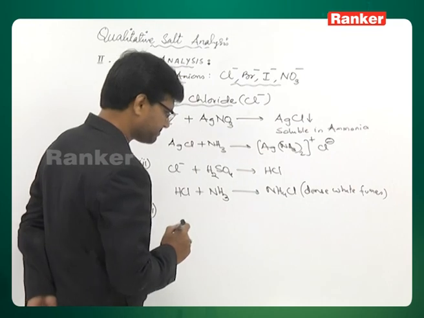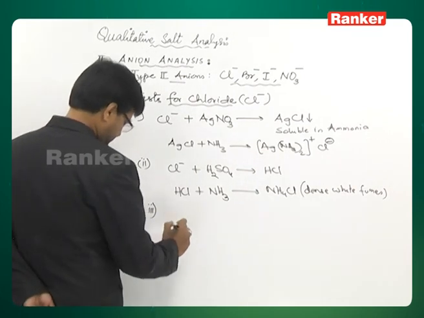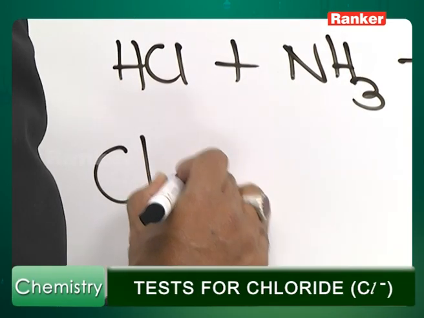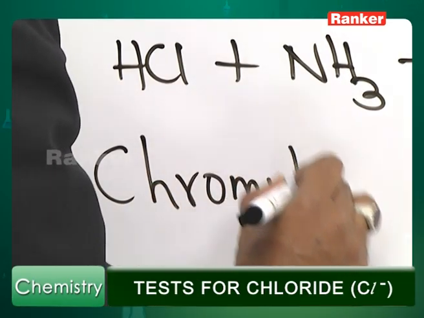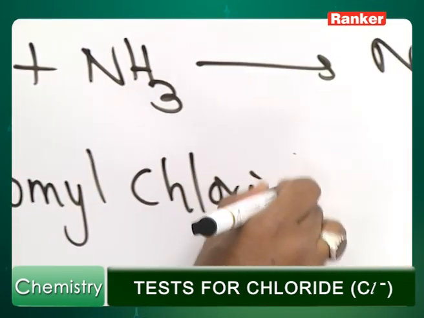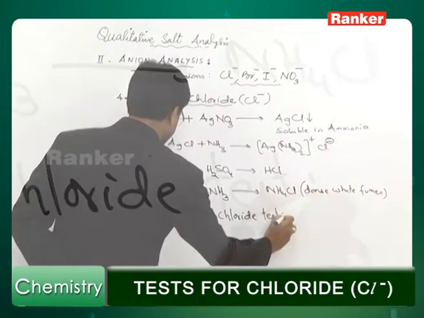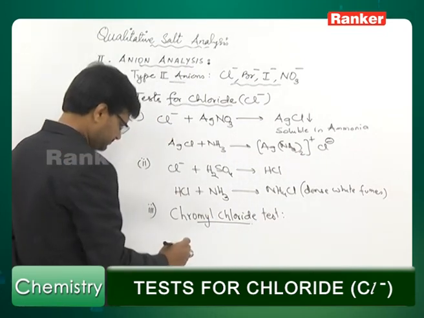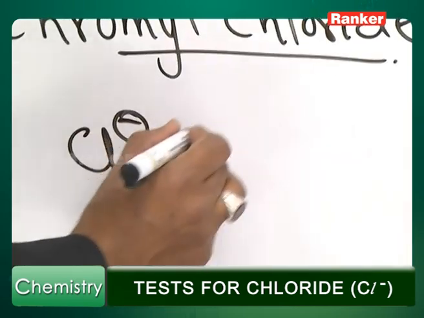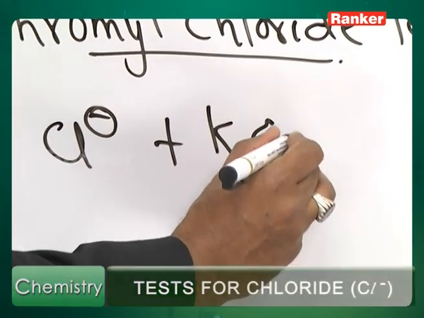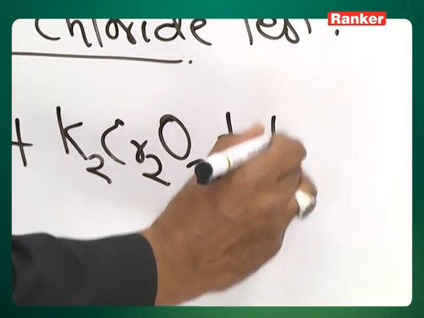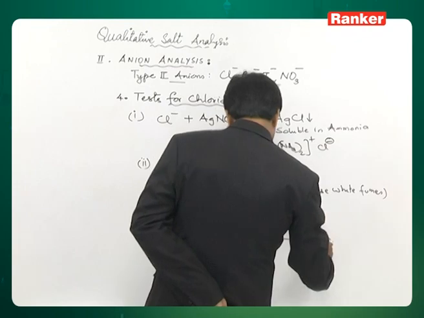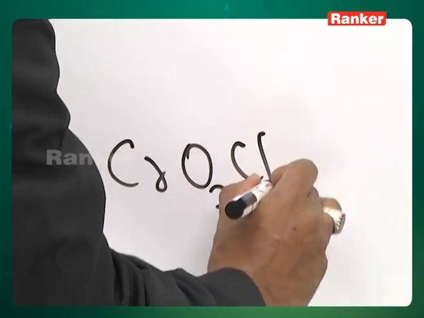Number 3, chromyl chloride test. Chloride salt, potassium dichromate and sulfuric acid. You get CrO2Cl2.